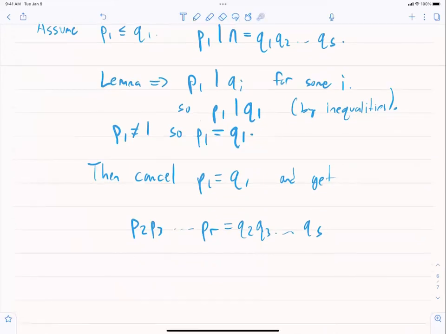And now you have one fewer factor on each side, and you repeat. Okay, and so when you repeat, you're going to get P2 is equal to Q2, and then you factor out, and you're just going to keep on going all the way through, and you're going to have to stop at the same time, because otherwise R is not equal to S. So say S was bigger, you get 1 over here is some product of primes, and that can't happen. Okay, and that's the idea, and then you're done.